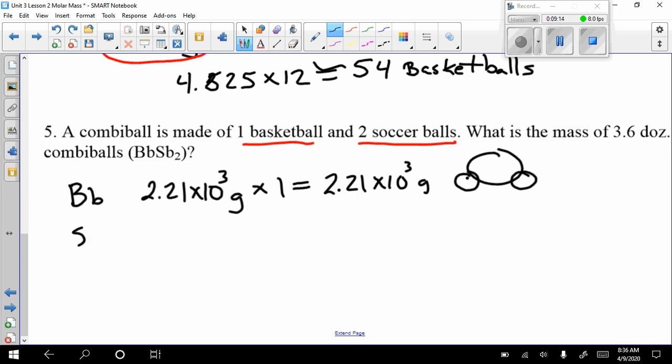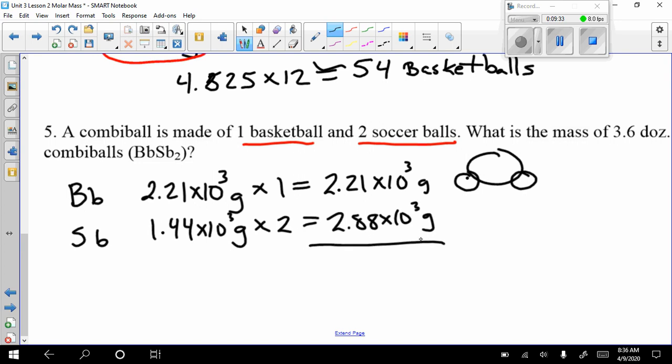And I know for soccer balls, they weigh 1.44 times 10 to the 3 grams. But in every one of these combi balls, there are 2 of them, so I better multiply it by 2, and I get 2.88 times 10 to the 3 grams. And when I add those up, I get 5.09 times 10 to the 3 grams.